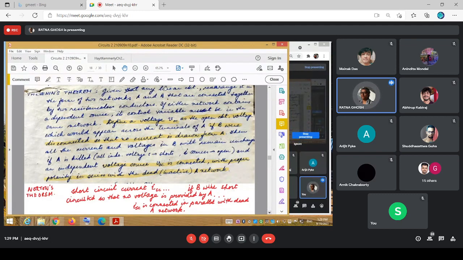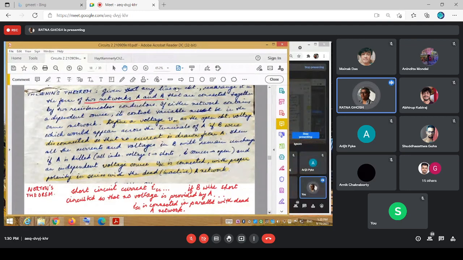Given any linear circuit, rearrange it in the form of two networks, A and B, that are connected together by two resistance-less conductors. As if they are connected by two resistance-less conductors, you don't have any drop across those two networks.